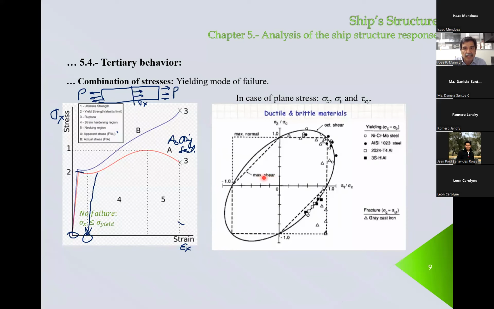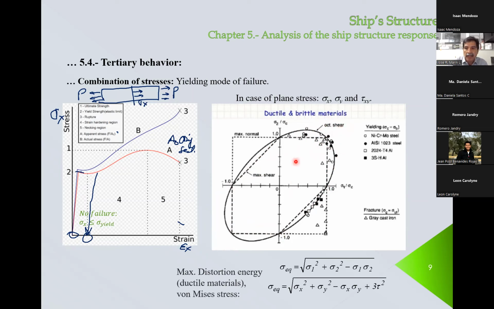This is the maximum shear stress theory. So you define this figure, this, and that. And if you are inside, you are safe. If you're outside, like all of these, that means that you can expect failure. And finally, there is the octahedral shear stress theory, which is the most common.